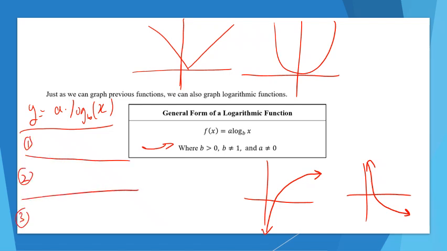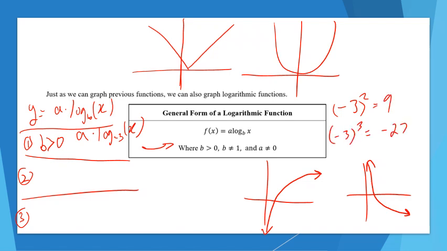The first one is that b is going to be greater than 0. Why do we want b to be greater than 0? Let's say we had a times log, and b was a negative number, negative 3 to the power of x. Sure, you could do negative 3 squared, which is obviously 9. You could do negative 3 cubed, which is obviously negative 27.